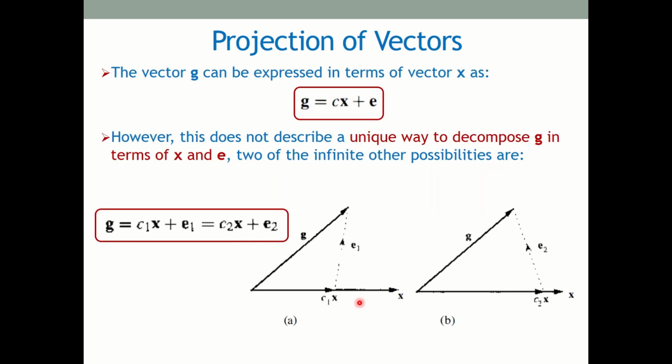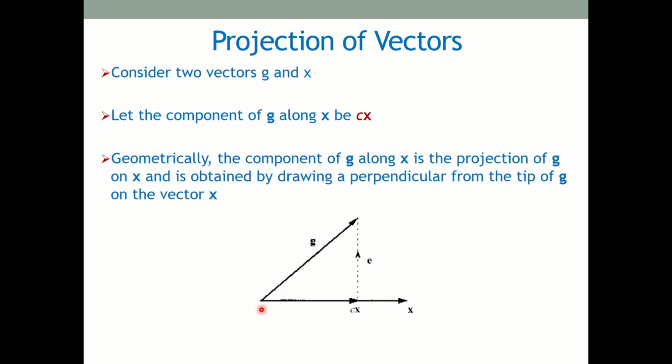So now the issue is that, first of all, using the head to tail rule, g can be represented as cx plus e. So this is the cx and this is e. So g can be represented by their sum.